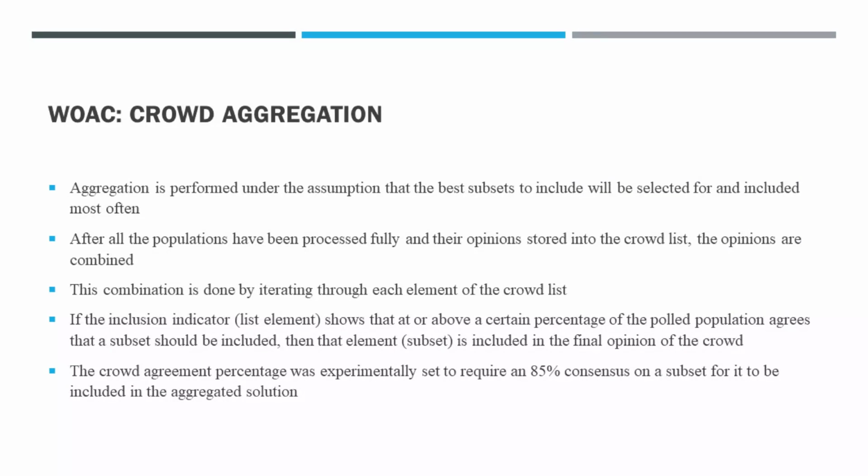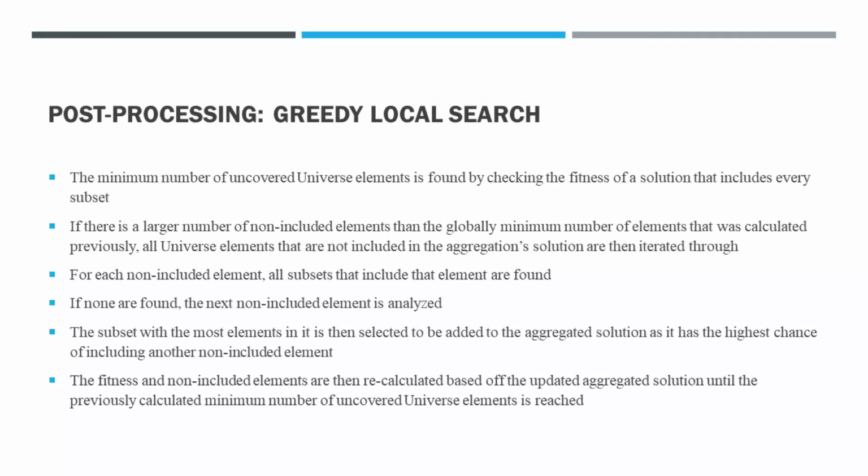If the inclusion indicator, which is just a list element, shows that at or above a certain percentage of the polled population agrees that a subset should be included, then that subset is included in the final opinion of the crowd. The crowd agreement percentage was experimentally set to require an 85% consensus on a subset for it to be included in the aggregated solution.